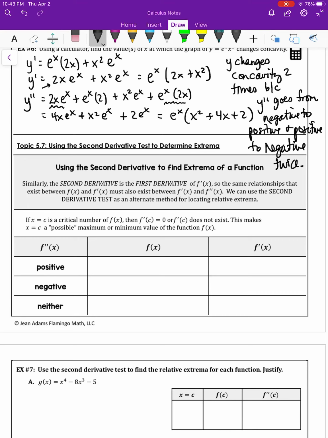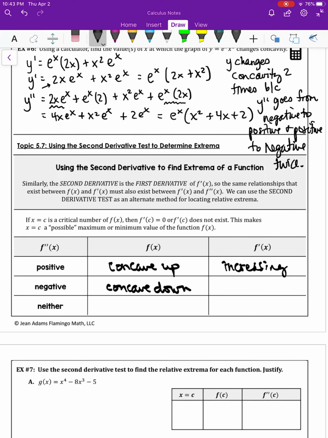So what happens when we have a positive second derivative? Our original function is concave up. When we have a positive second derivative, our first derivative is increasing. When we have a negative second derivative, our original function is concave down.